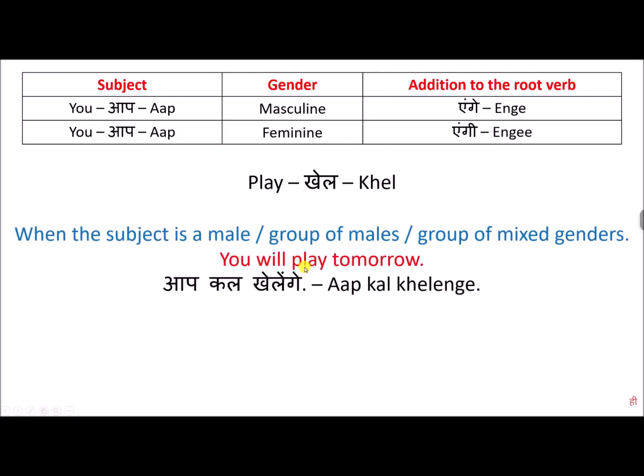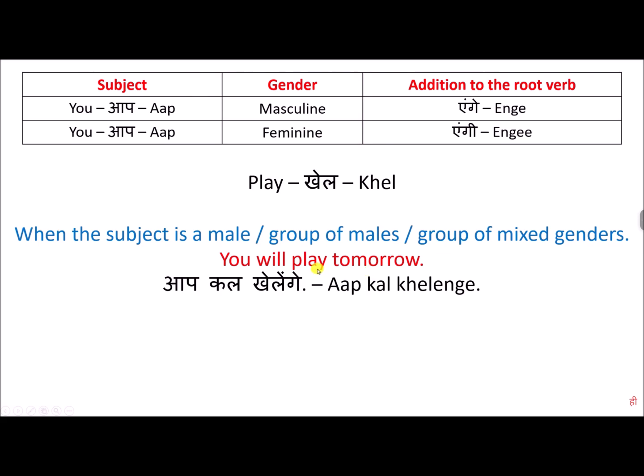For example, you will play tomorrow is aap kal khelenge. Aap is you, kal is tomorrow, khel is the root verb, enge is added to it. Aap khelenge is you will play, kal is tomorrow.